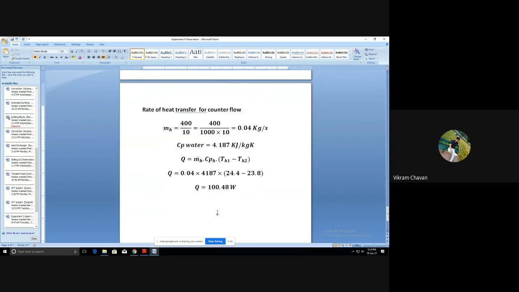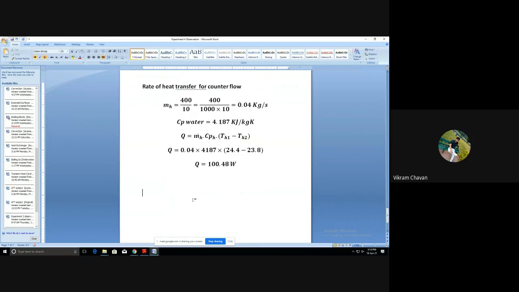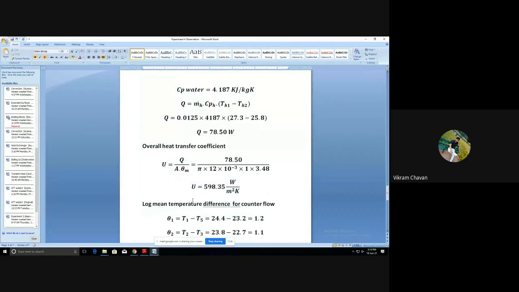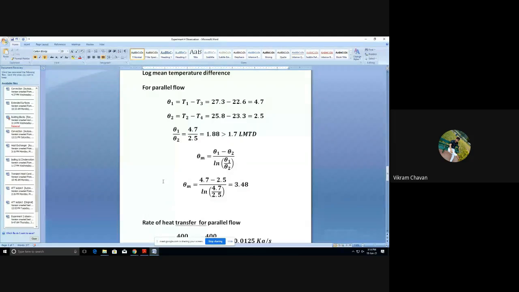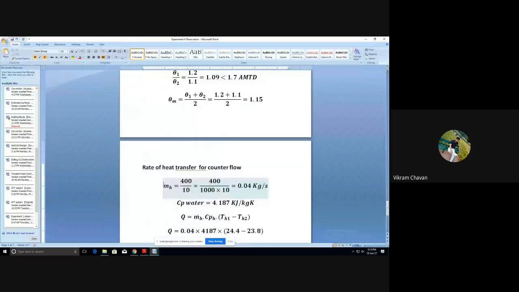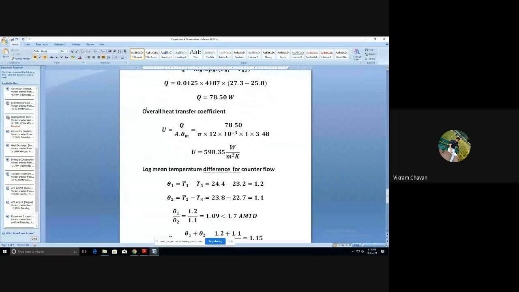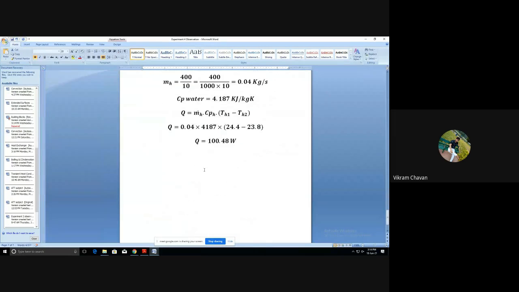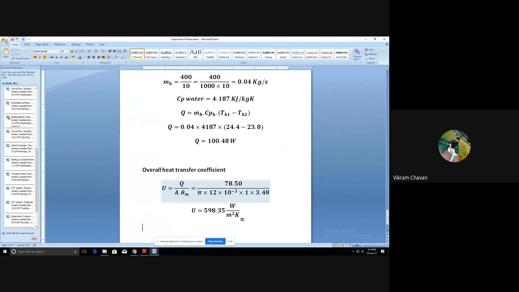Now Q we have calculated. The last part, for the counter flow, is the calculation of U, the overall heat transfer coefficient. So U is Q divided by A multiplied by theta m.